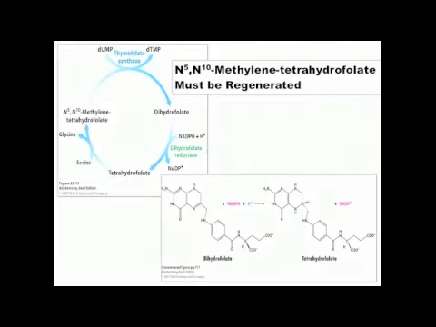And to do this, we're going to use the enzyme dihydrofolate reductase. This is going to reduce dihydrofolate to tetrahydrofolate, and we're going to use the electrons from NADPH to do this. Once we have tetrahydrofolate, we're going to use a methyl group from serine to regenerate N5,N10-methylene tetrahydrofolate.